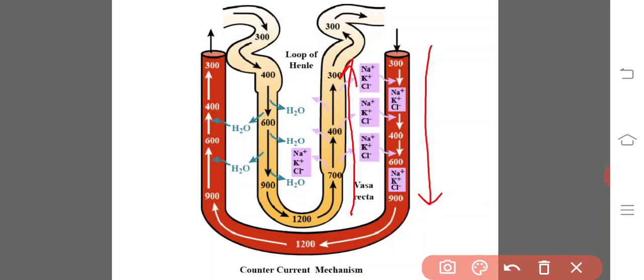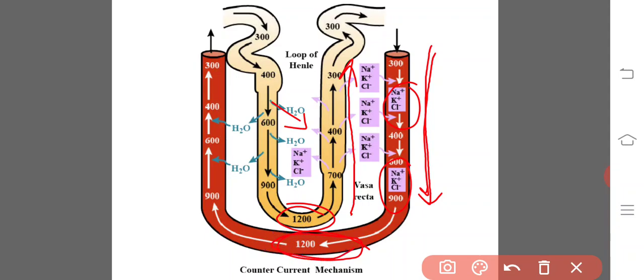Thereby it receives more and more salts and gets concentrated up to 1200. Previously we discussed that the ultrafiltrate releases water and gets concentrated to 1200. Here the blood vessel receives more and more NaCl, which is released from the ascending limb, and gets concentrated to 1200 milliosmoles.